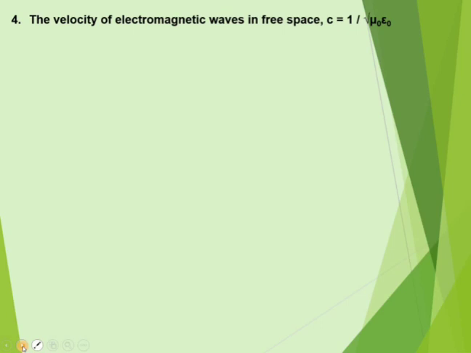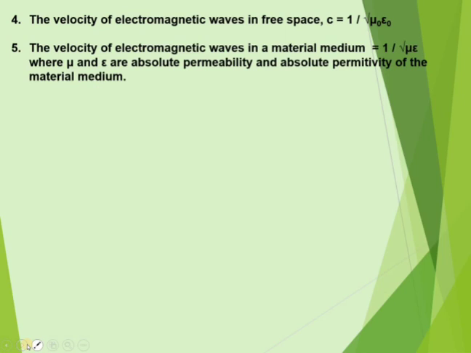The velocity of electromagnetic waves in free space is given as C equals 1 upon under root mu naught epsilon naught. And in the medium it is given as 1 upon under root mu epsilon, where mu and epsilon are absolute permeability and absolute permittivity of the material medium, and for free space they are mu naught and epsilon naught.